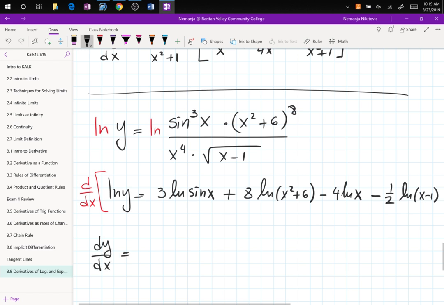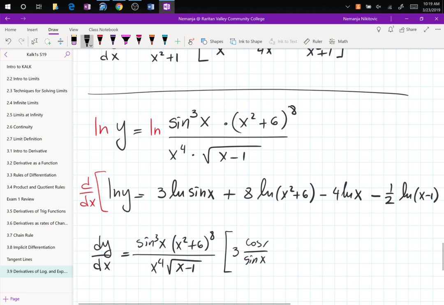dy/dx is, copy the function as is, so sine cubed x, x squared plus 6 to the 8, divided by x to the 4th square root of x minus 1. And now, in parentheses or brackets, whatever you want to call it, we have 3, put sine x in the denominator, its derivative cosine x on top, plus 8, x squared plus 6, right?